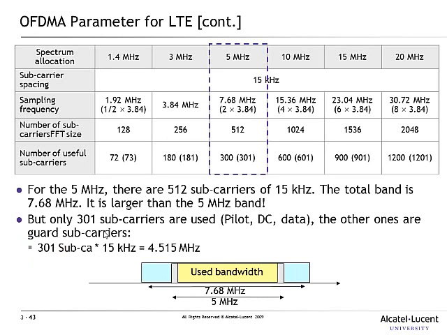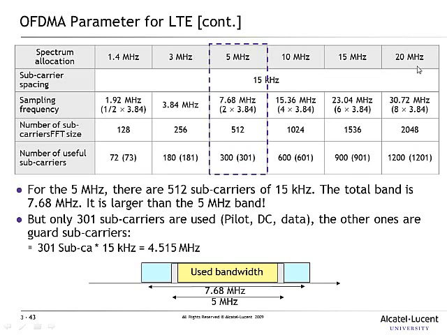Okay, now we can have different spectrum allocation. We can have 1.4 megahertz, we can have 3 megahertz, we can have 5 megahertz, and so forth. And if the subcarrier spacing is 15 kilohertz, the number of useful subcarriers will change.